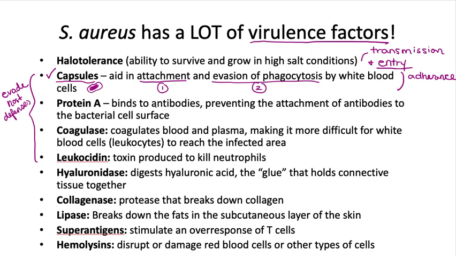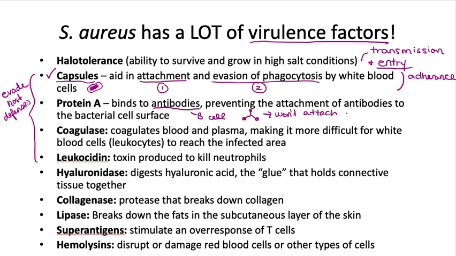It'll bind to antibodies. Remember, antibodies are produced by our B cells. And if we have an antibody, so let's say this is the antibody produced by the B cell, and staph makes a protein that attaches to the antibody, then now this antibody won't attach to staph.